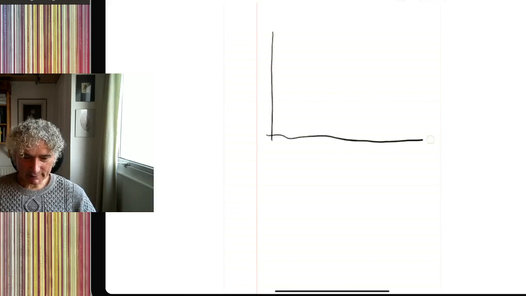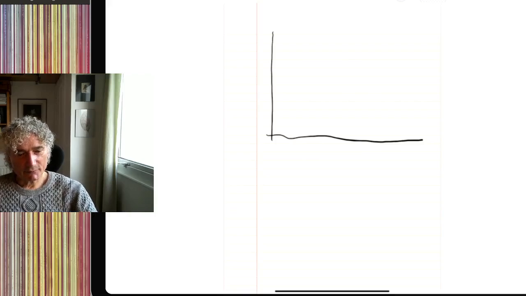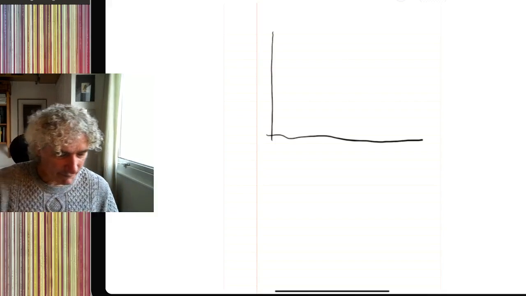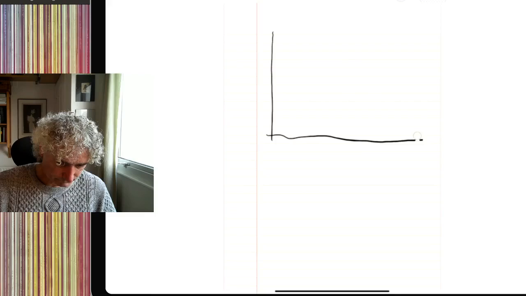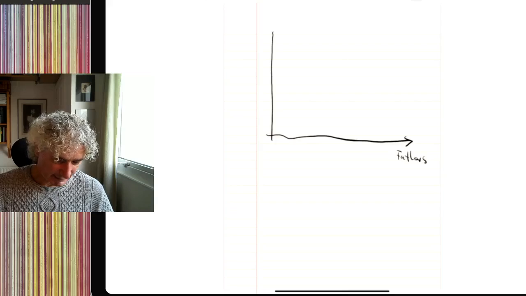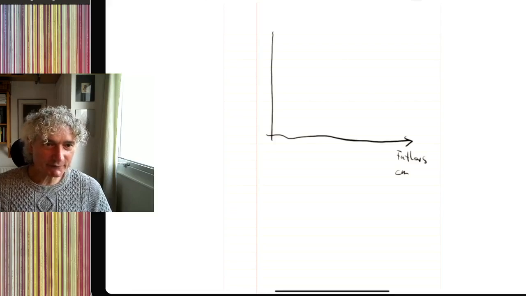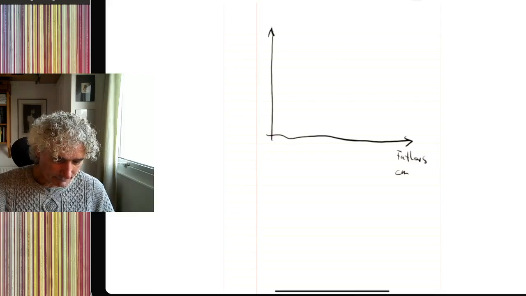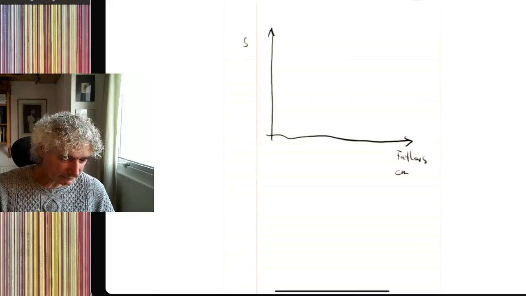So if you look here at the fathers' body length, let's say it doesn't matter, in centimeters. I'm sure Galton was measuring it in inches. And then you have here the sons and the measurements, let's say, with the same units.